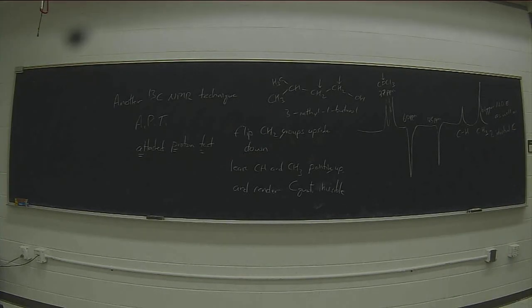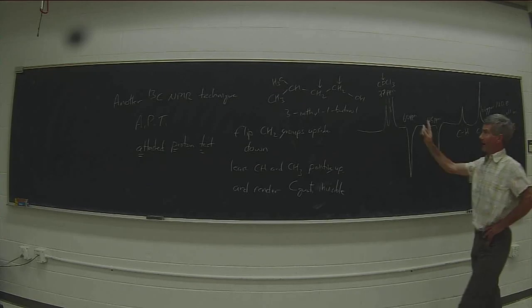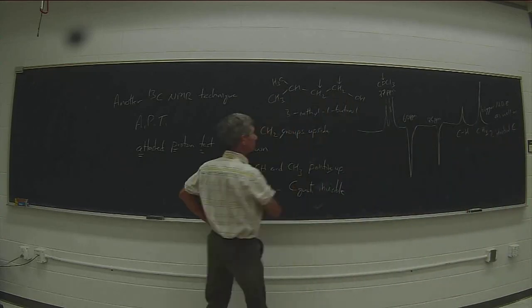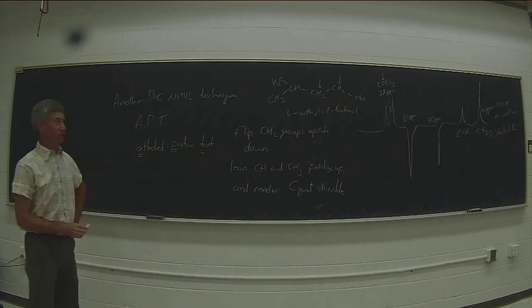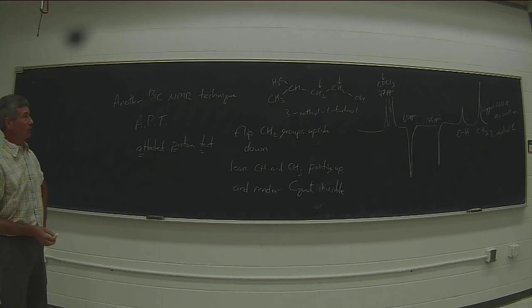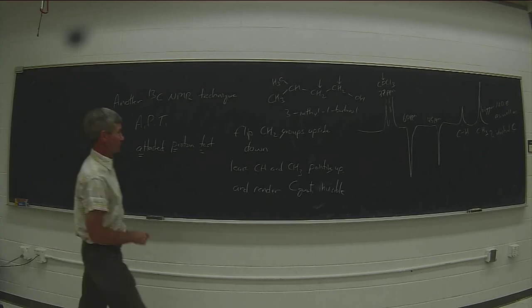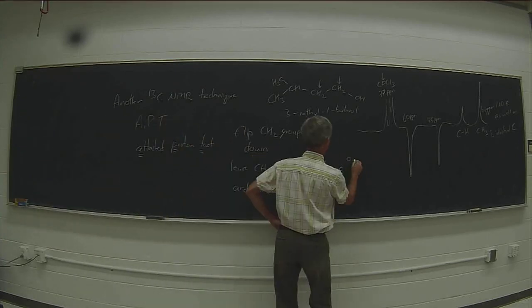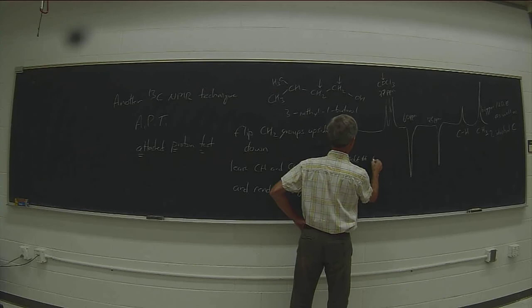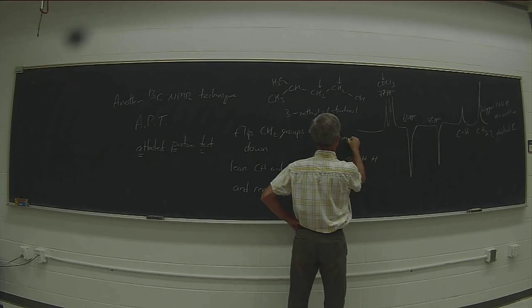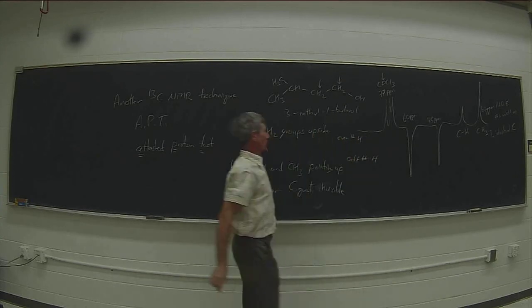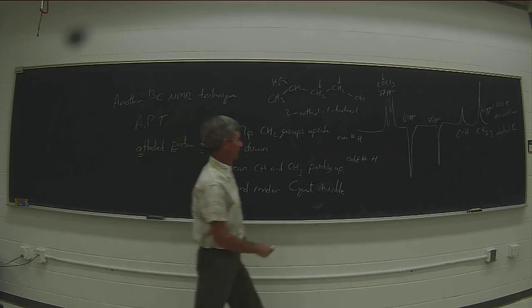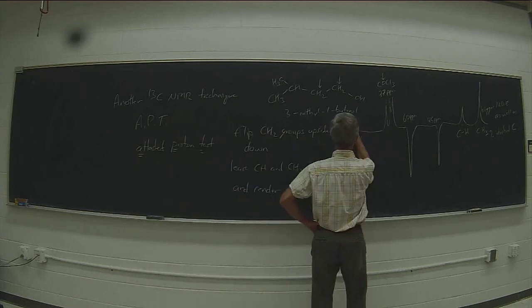So we see a pattern that looks like that, where we've got 4 magnetically different carbons, 2 of which are upside down because they're CH2 groups, and 2 of which are right side up because they have an odd number of hydrogens attached to them. So the odd number of hydrogens are up, the even number of hydrogens are down.